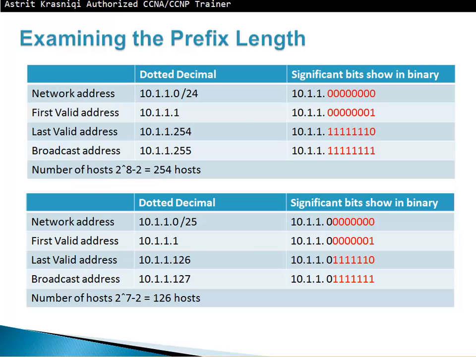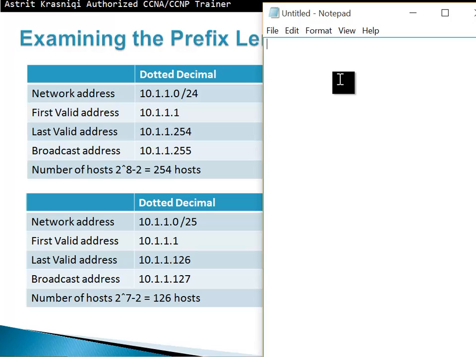Okay, 2 to the power 8. I'm going to open the notepad so we can see that. 2 to the power 8 means 2 times 2 times 2, 8 times like this. So 2 times 2 is 4, times 2 is 8, times 2 is 16, times 2 is 32, times 2 is 64, times 2 is 128, times 2 is 256.